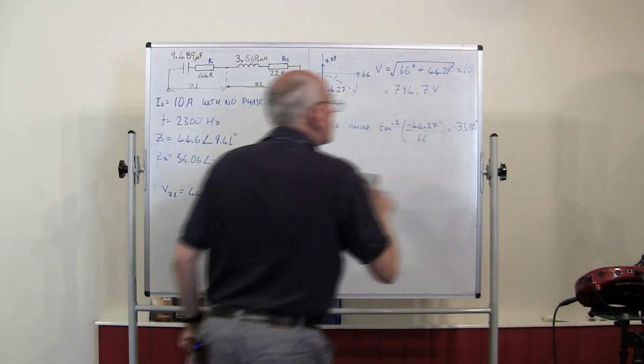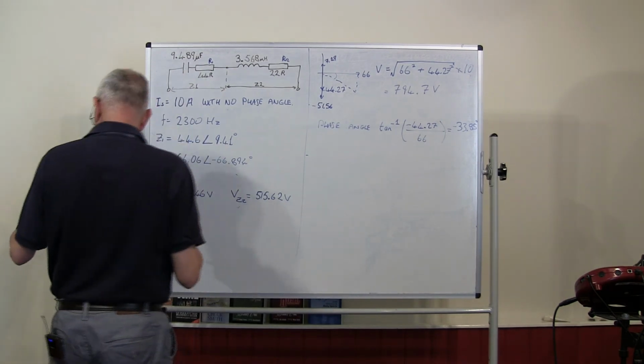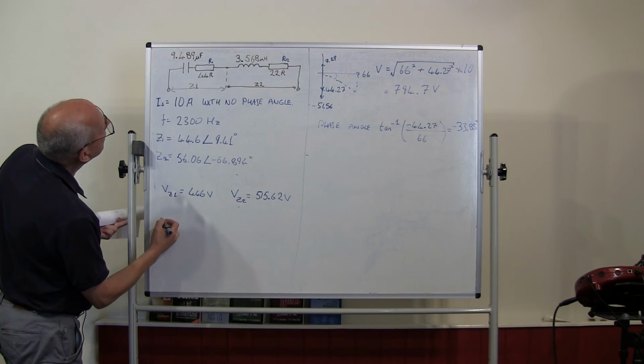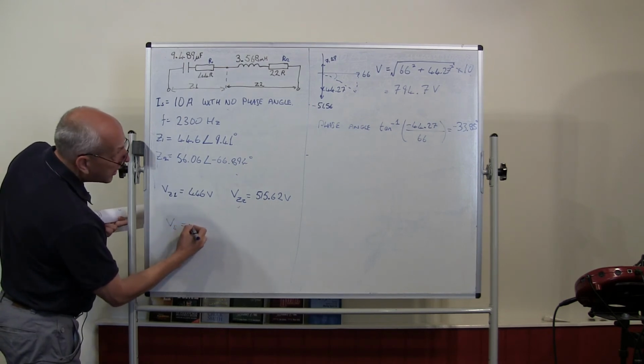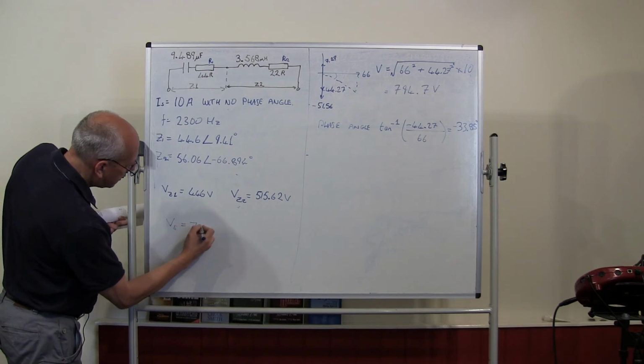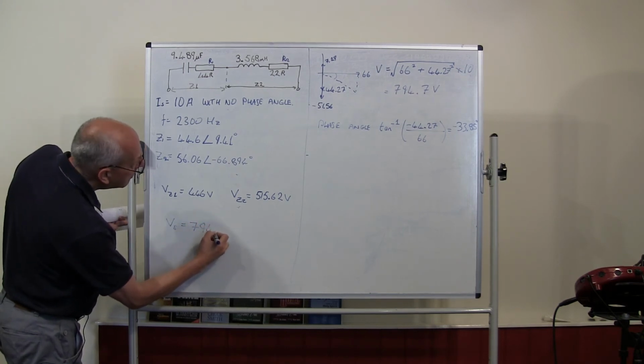Remove that there. Okay, so my resultant, and I'll put this over here, so the V total, V supply, is 794.7.